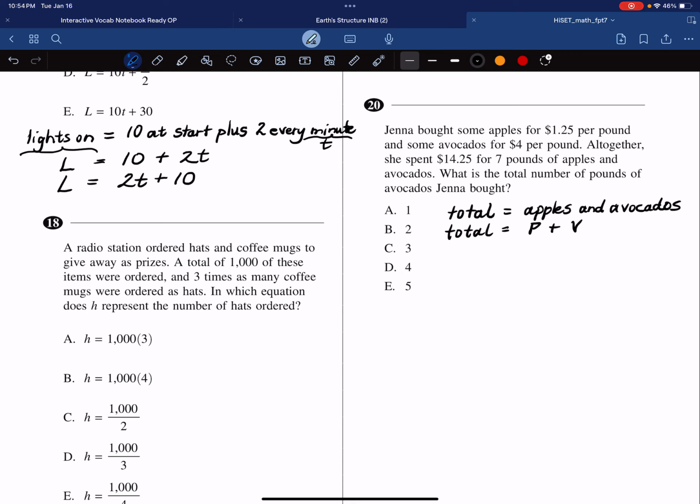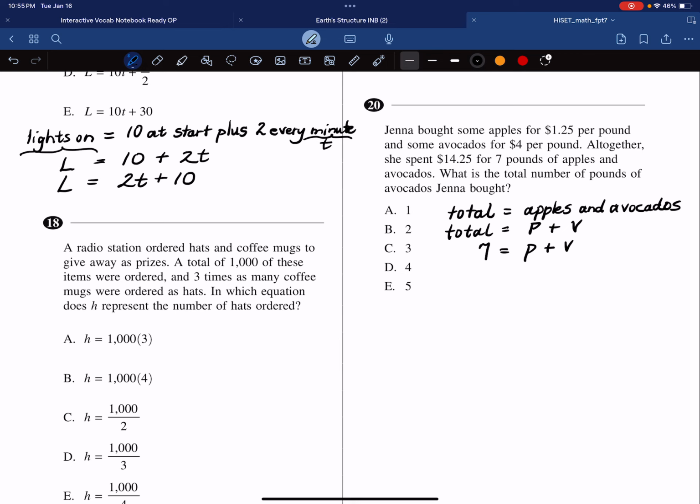And we know that she has 7 pounds of fruit. She has apples and avocados. I guess an avocado is a fruit. It has a seed in it. But whatever it is, the 7 pounds are made up of those two things. So in its simplest form, the apples and the avocados weigh 7 pounds.